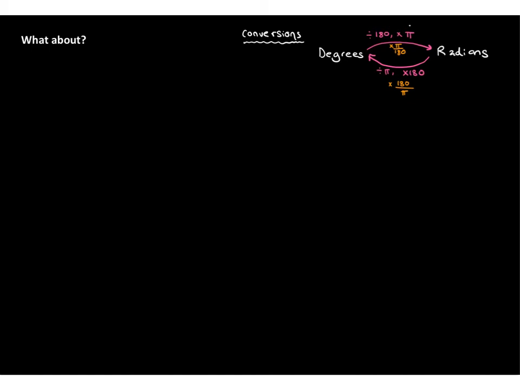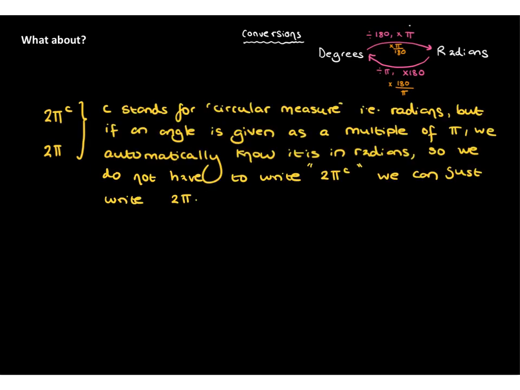So you could write, for instance, 2 pi c, to be very clear that you're working in radians, but you don't have to. You could just write 2 pi and say 2 pi radians, or people will know that you are talking about angles in radians.